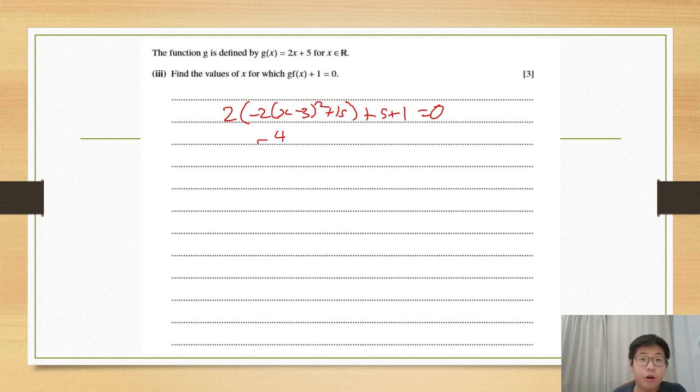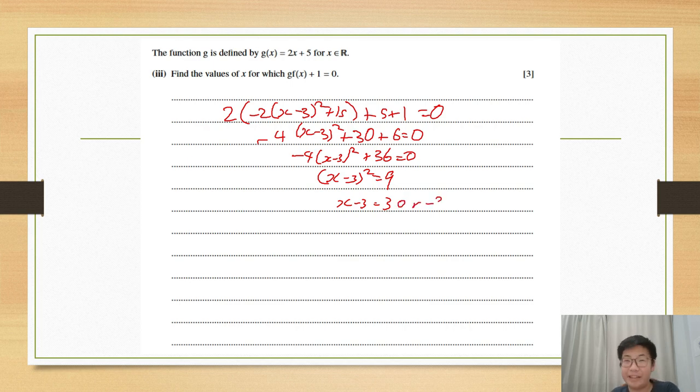So minus 4(x minus 3) squared plus 30 plus 6 equals 0. Minus 4(x minus 3) squared plus 36 equals 0. (x minus 3) squared equals 9. x minus 3 equals 3 or minus 3, and x equals 0 or 6.